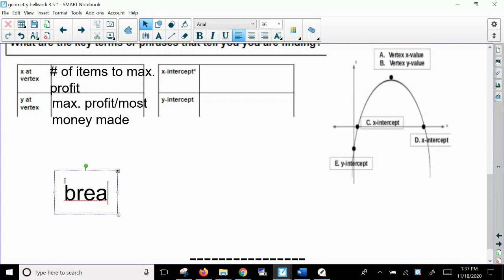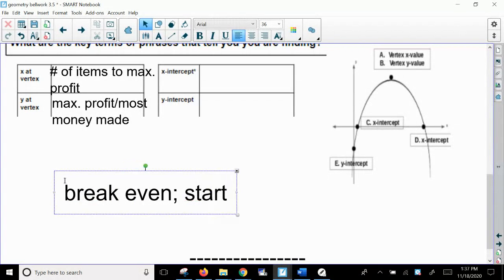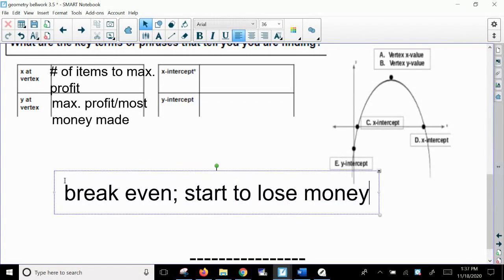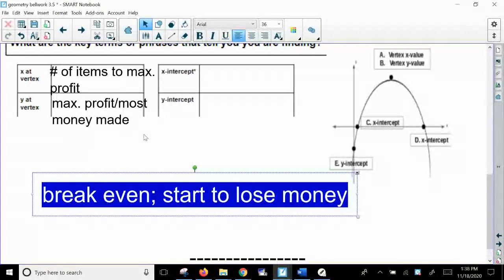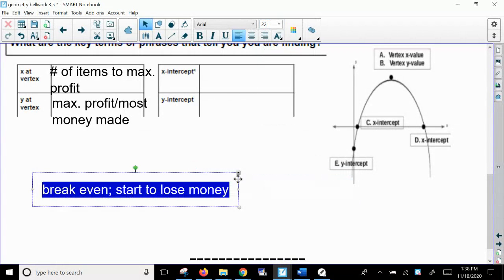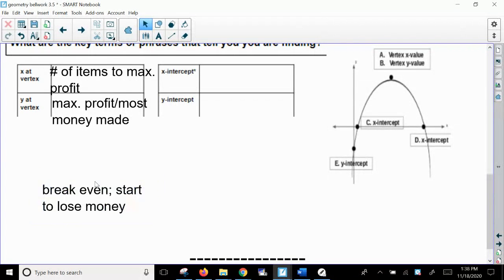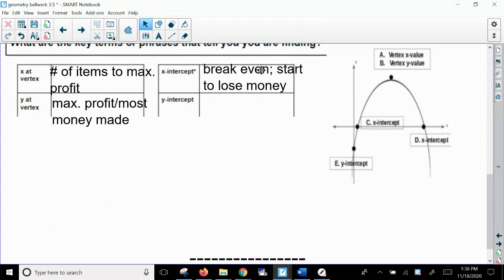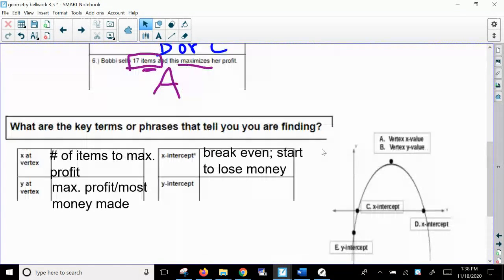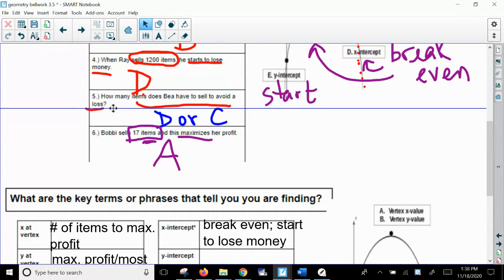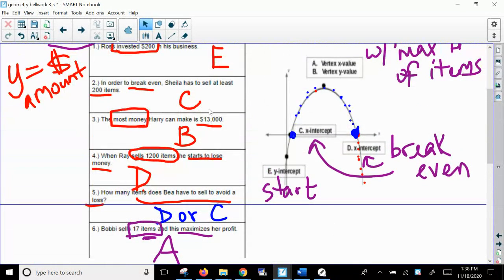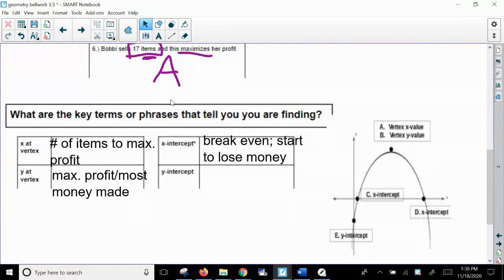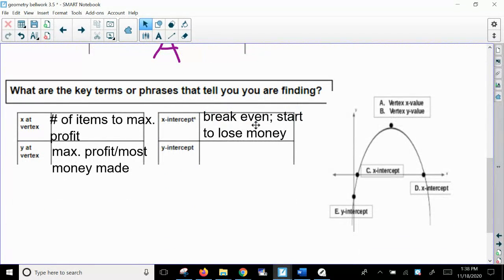X-intercept is where you break even, or when it says start to lose money. All of that is your X-intercept. Let me make that smaller. So anytime we say C or D, avoid a loss, start to lose money, break even, those are our keywords for X-intercept.